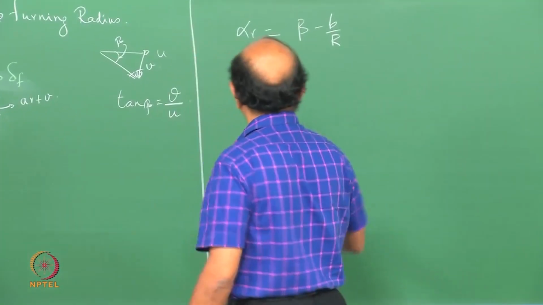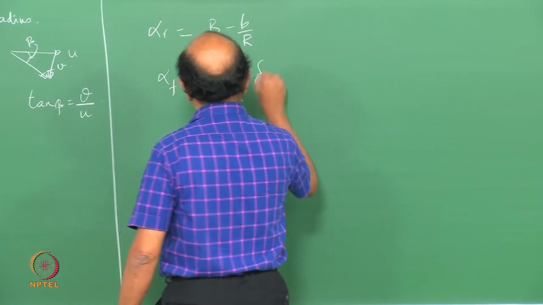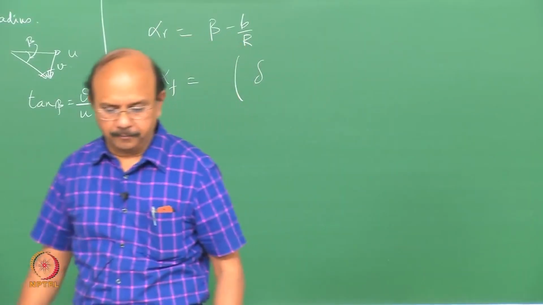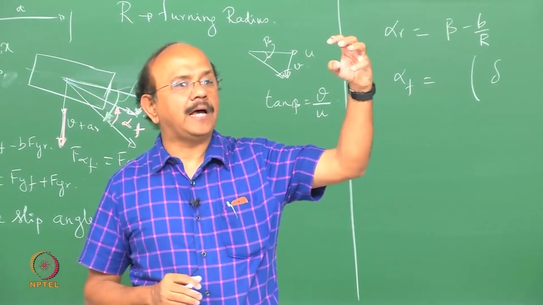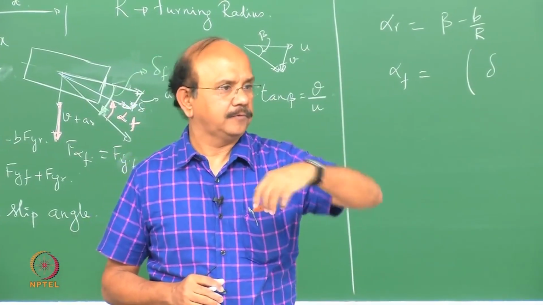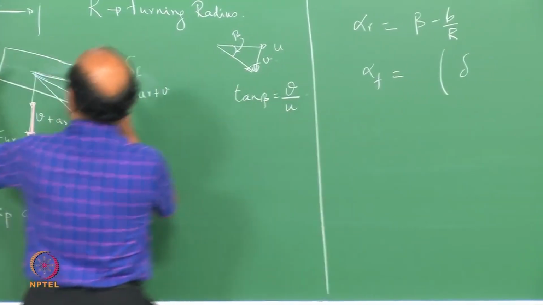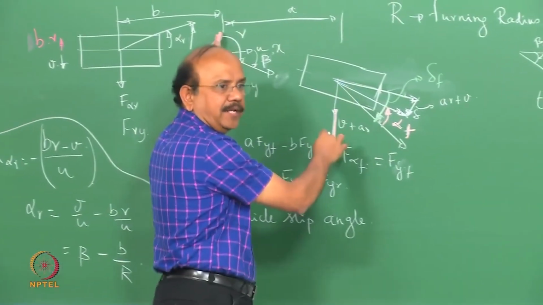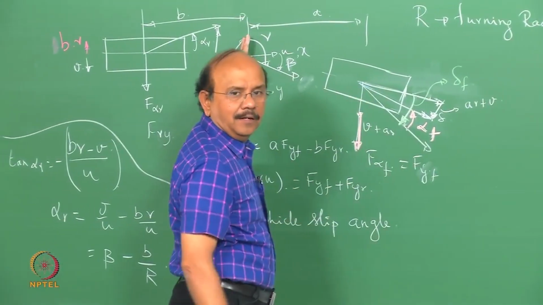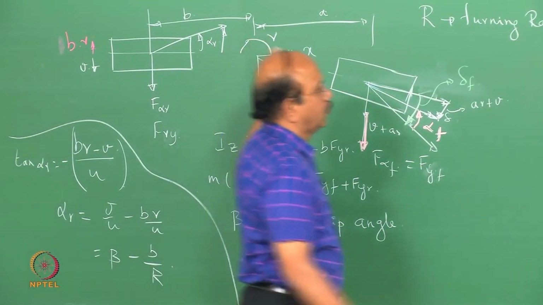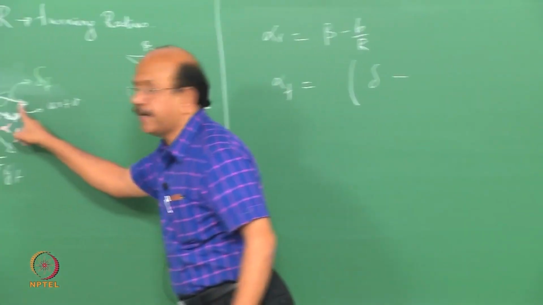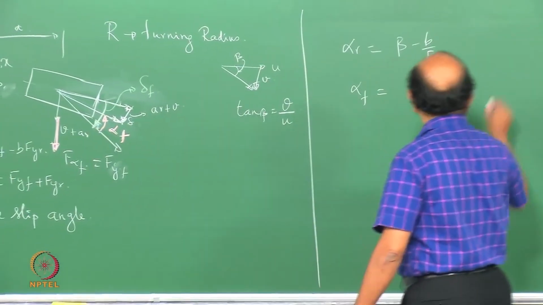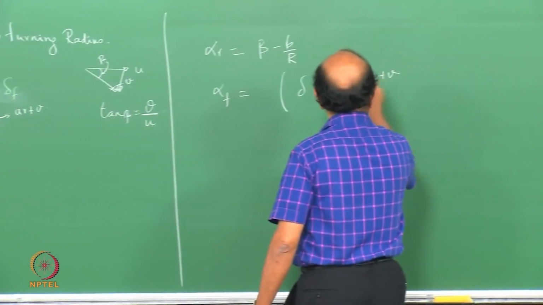So alpha F is equal to delta, I'm just giving a small gap there. So here that is b r, this is now a r. A into r is in the same direction as that of v. So you will get delta minus, that is the a r plus v, divided by u.